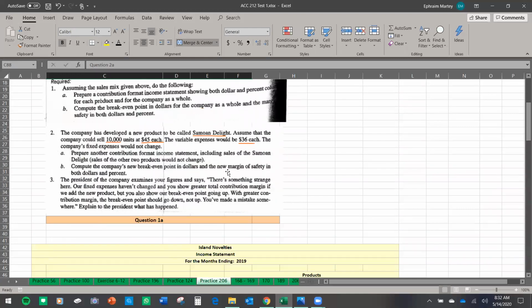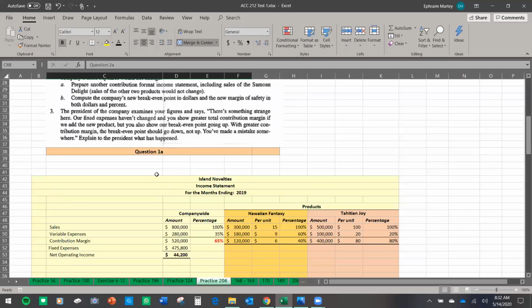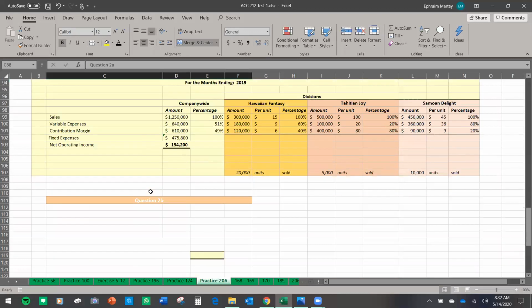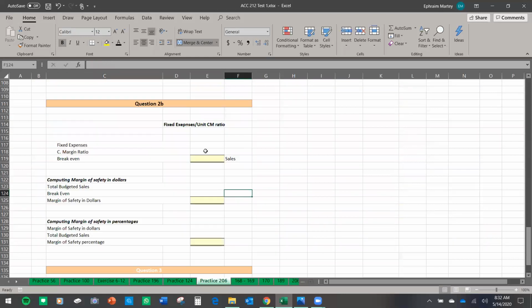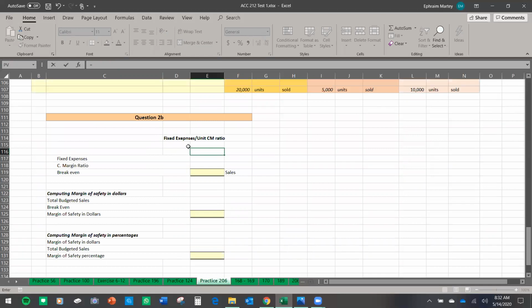Compute the break-even point in dollars and units, and the margin of safety percentage. So we're doing this one too for the entire company on 2B. I'm going to reveal all the formulas and let's just find them. What are our fixed expenses?